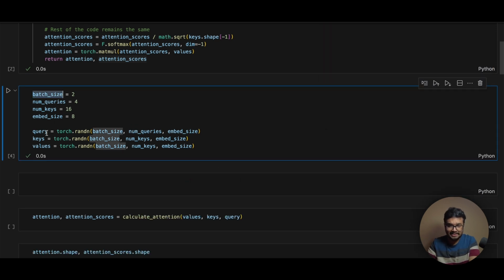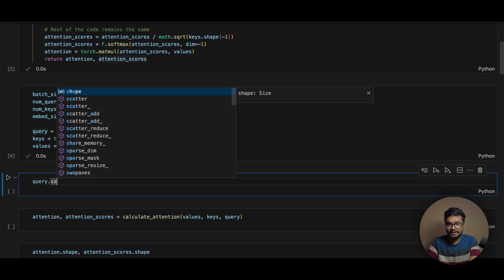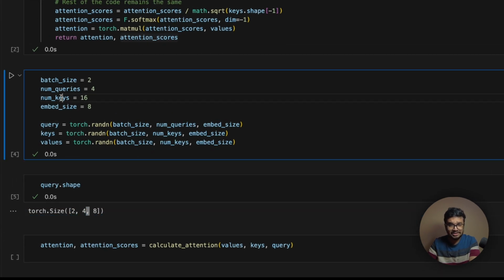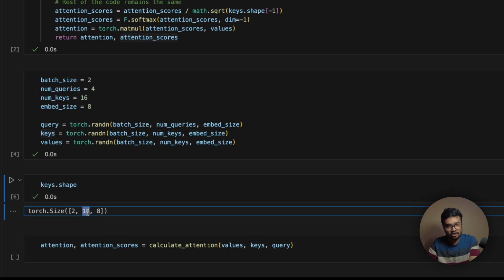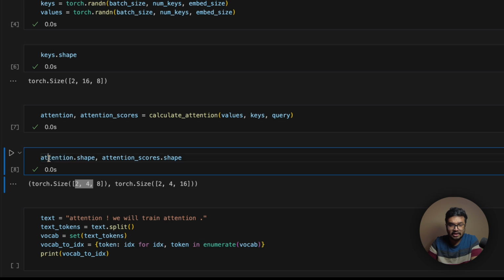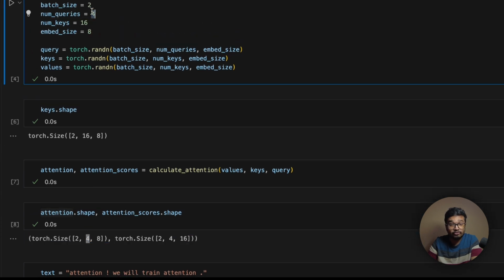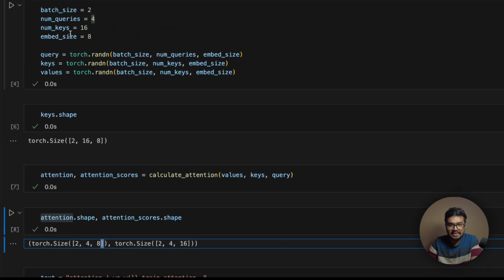Now here we have the batch size as 2, so when we do query.shape, we see that the batch size is 2, the 4 is the number of queries, and 8 is the embedding size. Similarly, if we did key.shape, it will be 2, 16, 8, because 16 is the number of keys. And when we look at the shape of the context vector, we'll see that it's 2, 4, 8, where 2 is the batch size, 4 is the number of queries, and 8 is the embedding size.